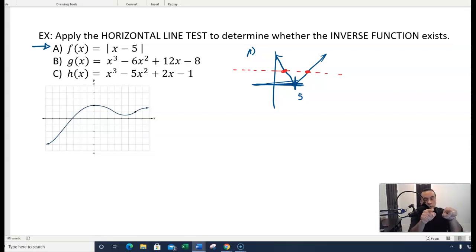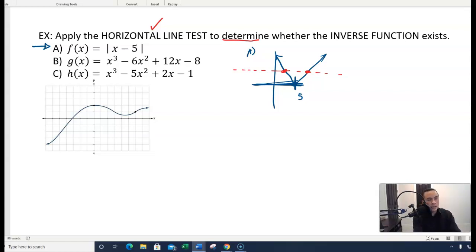So if you have 2 repeated values horizontally, when you do the inverse, now you're going to have 2 repeated values vertically. So that is going to violate the vertical line test. So what this statement is saying is apply the horizontal line test to determine whether the inverse function exists. In other words, if I do the inverse, will it be a function or not?